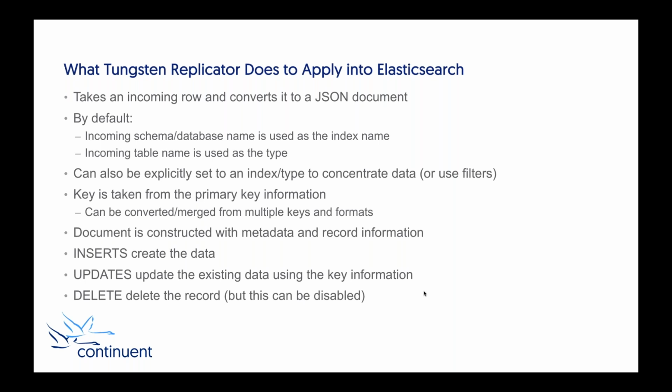That ID in the Elastic side, we take from the primary key that you have on your source table. So by default, we'll take each of your individual primary keys. If you've got compound primary keys, multiple keys on your source tables in order to identify a single row, we take that information and use that as the document ID as it goes into Elasticsearch.